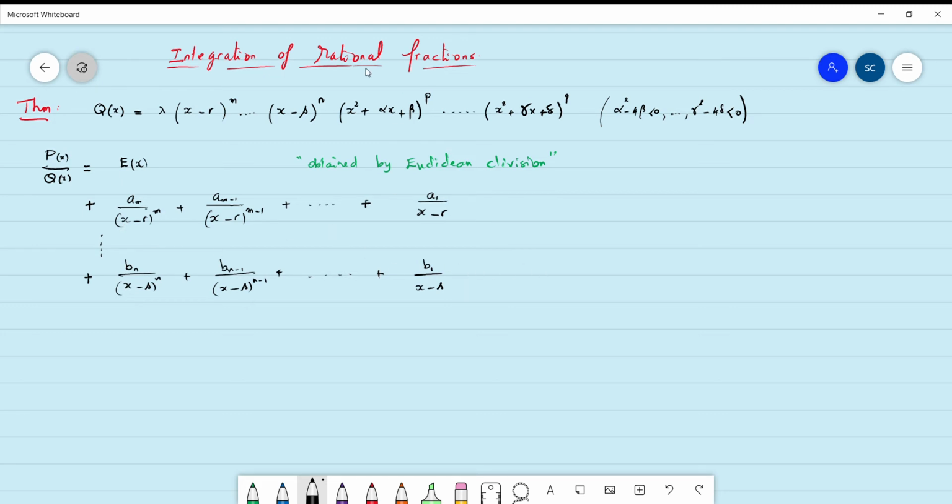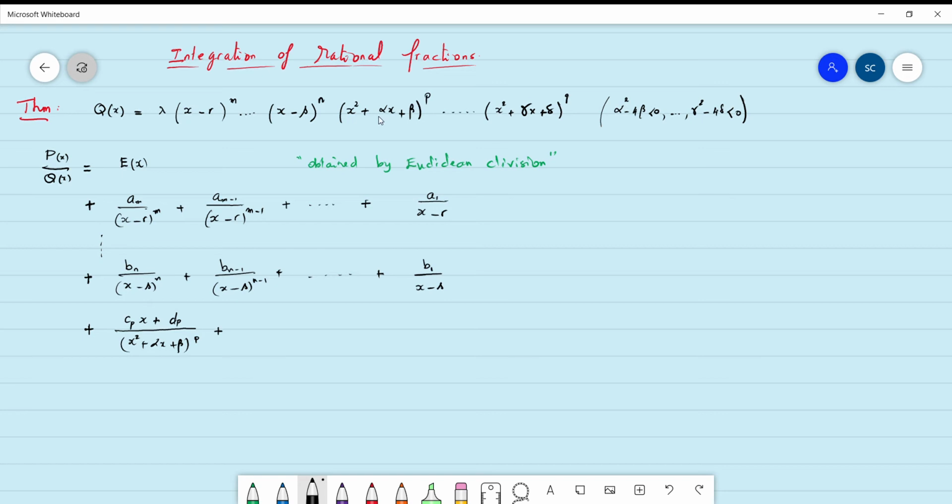Now what about the terms with second degree polynomials? There will be a decomposition in this shape. A linear term, degree 1, d_p over x squared plus alpha x plus beta to the power p. Then we decrease the denominator's power by 1.